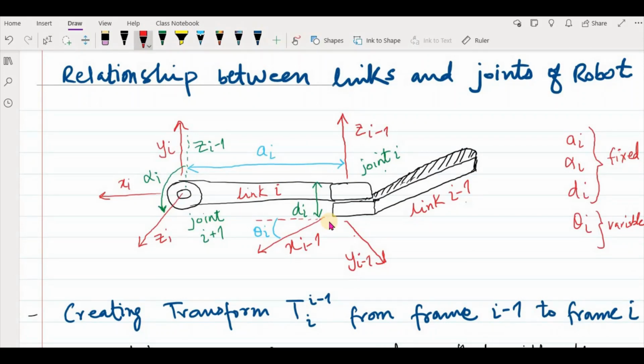So this axis i minus 1 is attached to link i, and from here to here we need a translation, because these two links are a distance from each other, and that distance is d_i. So with link 1 we have a joint i, we have a rotation, and then we have a translation here.